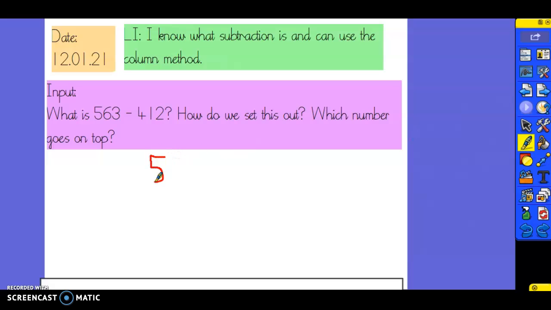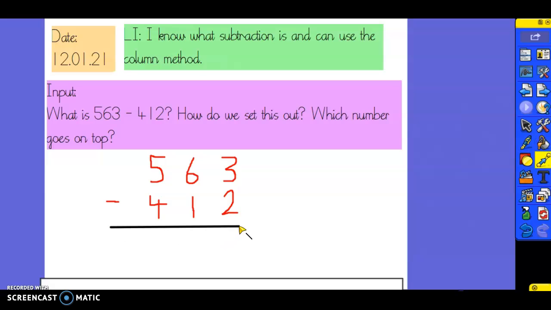So we start with 563, which is our largest number, and then 412 goes directly underneath, making sure each number is directly underneath the one above it. Not forgetting our subtraction sign and our straight lines for our answer bar there.